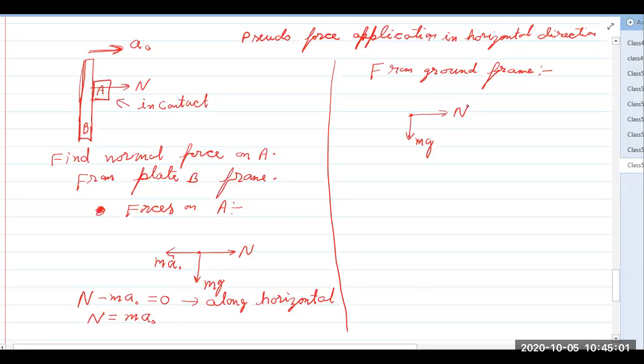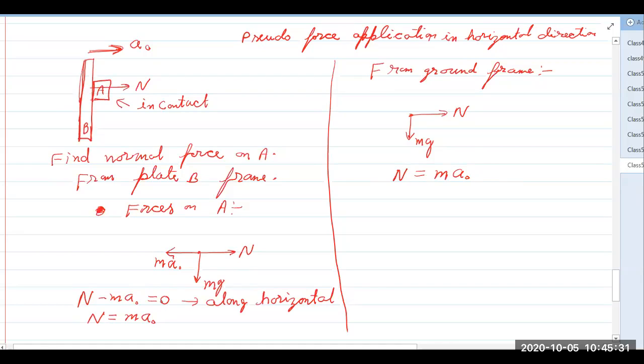But in the horizontal direction, the object is not stationary because it is moving along with the plate. So block A has acceleration if we look at it from the ground. So from the ground we write force equals mass into acceleration, and again we get normal equals ma naught.